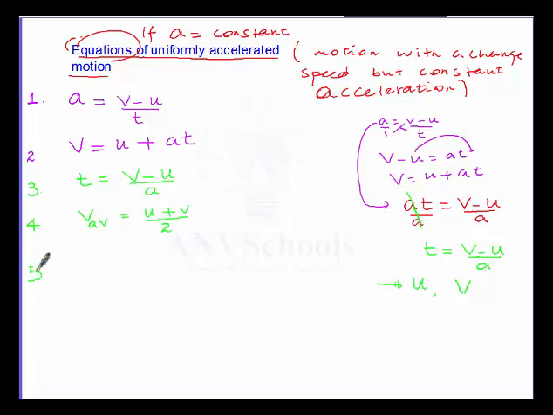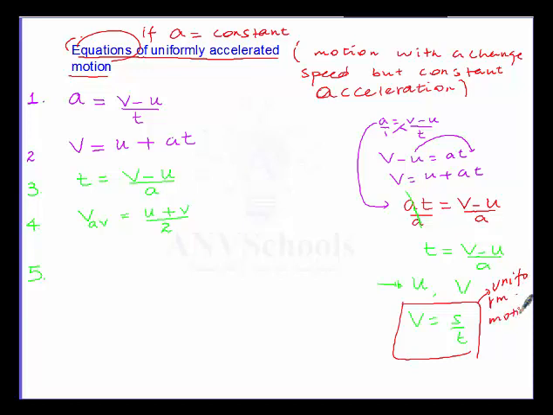The fifth equation: we know that speed is defined as the rate of distance traveled. This is a formula that we use for uniform motion, meaning motion with constant speed.